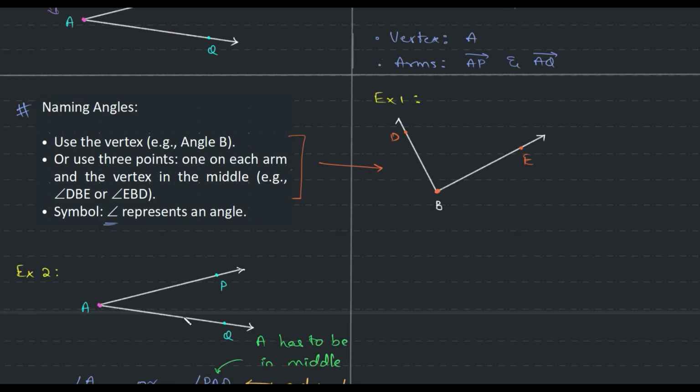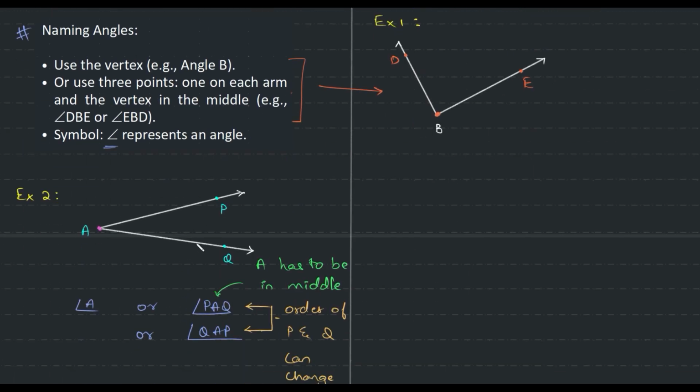When we are naming an angle, we always have to start with one of the arms, go to the vertex and the other arm, or you can just stick to the vertex itself. When to use what, that I'll explain. If you want to be safe, you always can use the lengthier version. Arm, vertex, arm. So this, I'll make a note over here, I guess, somewhere here.